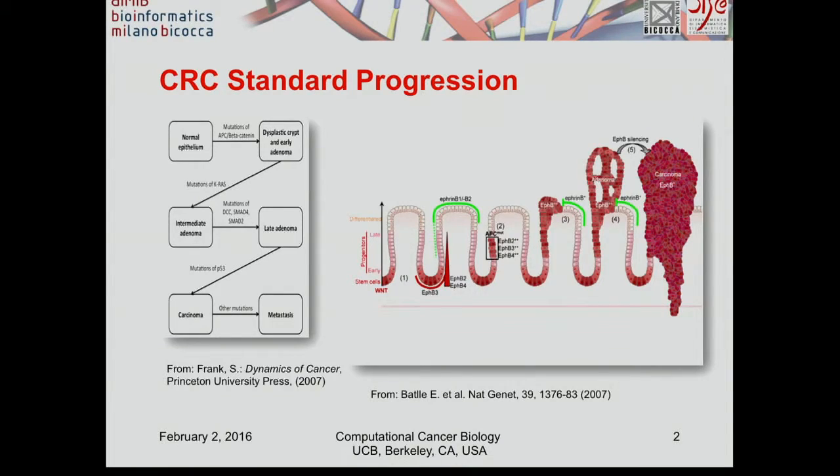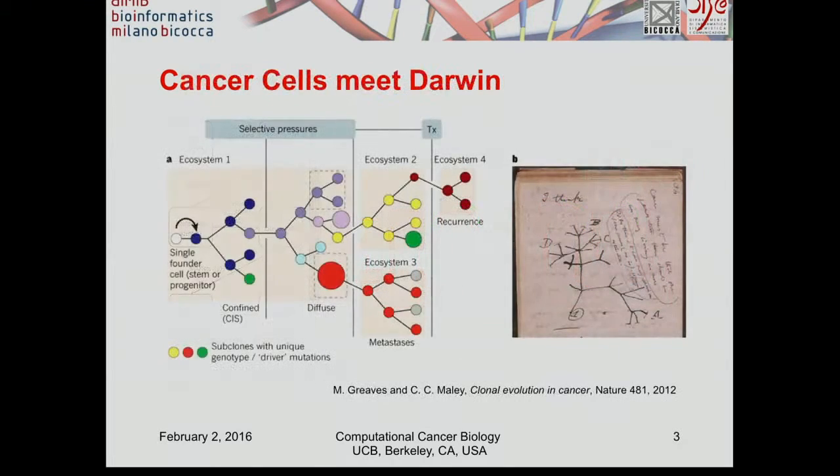And eventually we found the work by Vogelstein, where probably the first progression model was described in the paper.